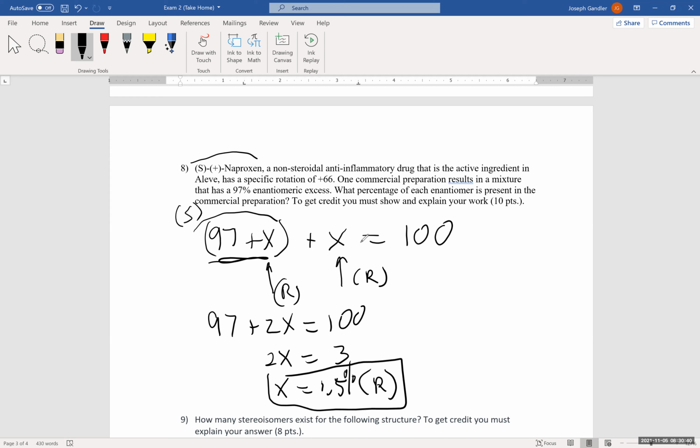So 97 plus 1.5 is 98.5% of the S-naproxen in the mixture, okay? So that's one way of doing it. I hope that makes sense. And I'm going to clear this and go on to the last question.